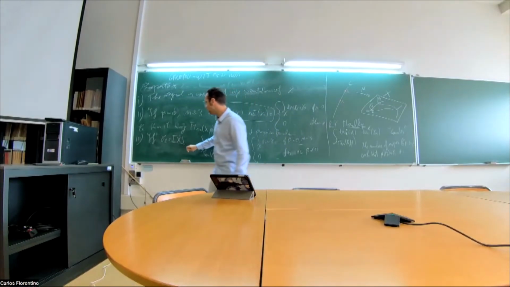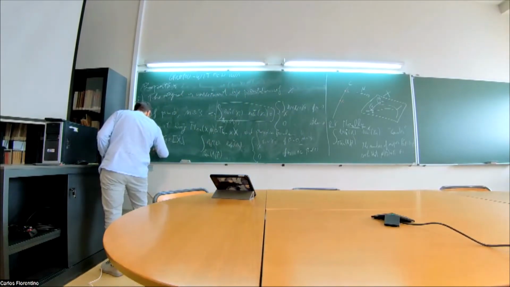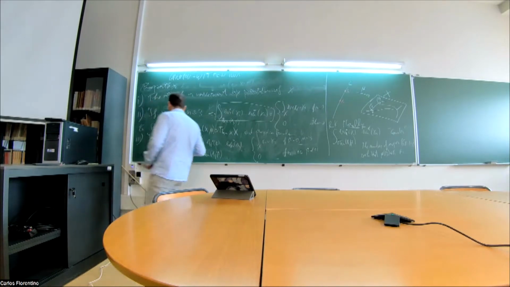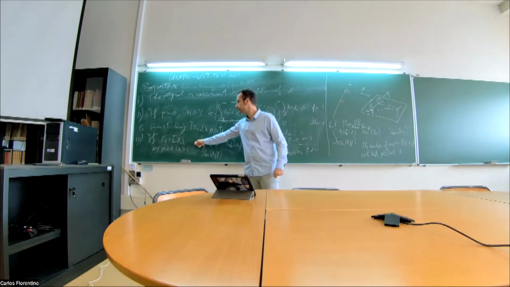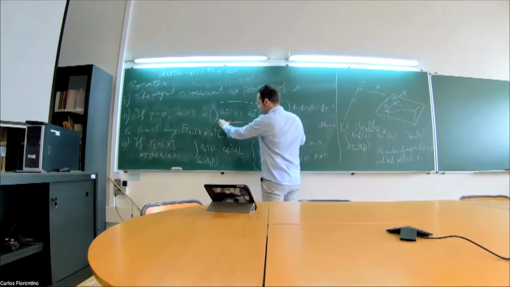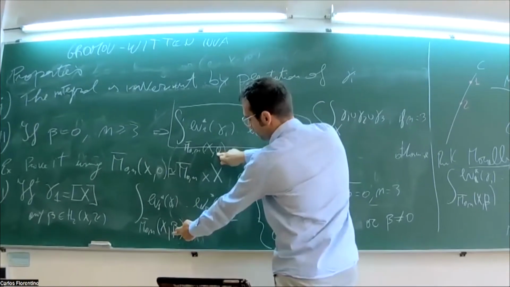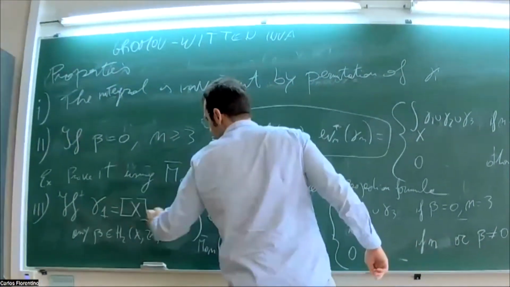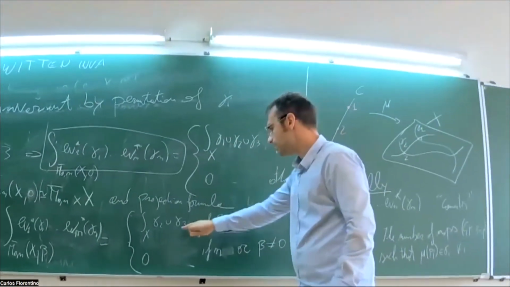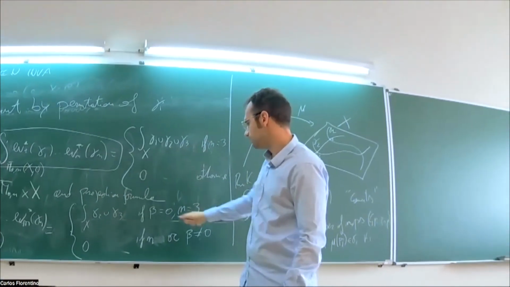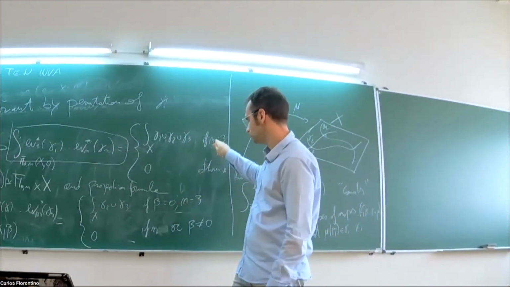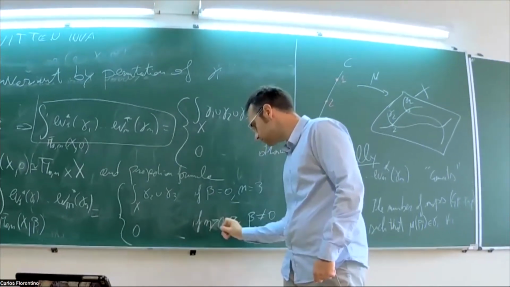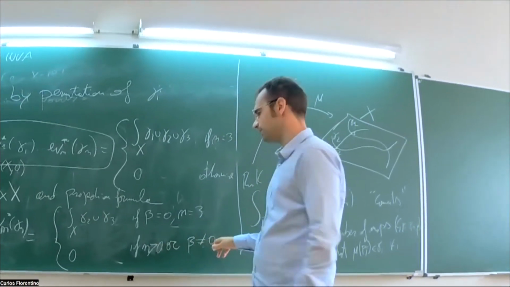Here, I don't suppose beta equal to 0, so it is not the same as this. This is beta; it could be nonzero. So the value of this integral when gamma 1 is X is more or less like this when beta is equal to 0 and n equal to 3, so we are in this case, or 0 if n is greater than 3 or beta is different from 0.